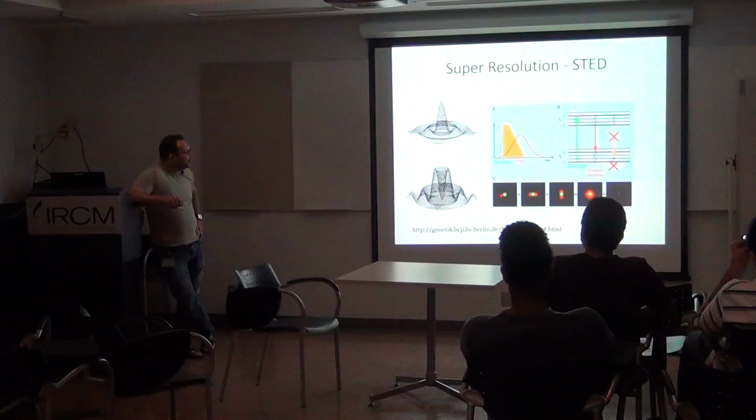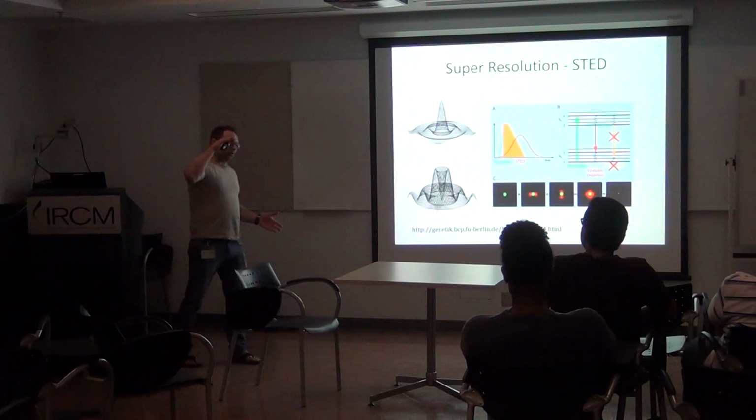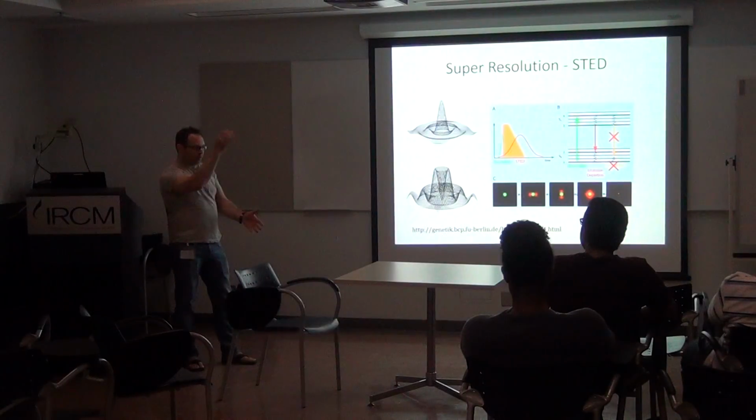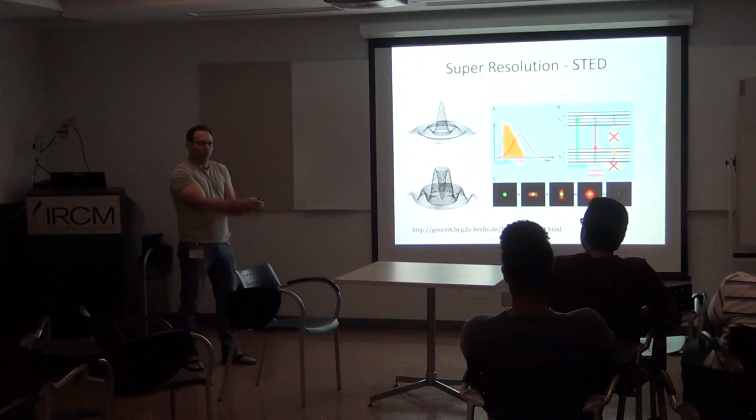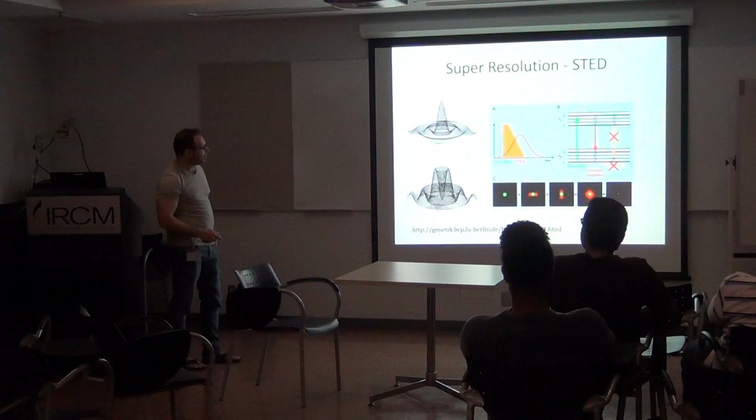STED microscopy. STED uses two lasers. One laser is used to excite the probes, and the other one is used to, what we call, deplete the probes. Once you excite, you can also shine a laser onto some probes in order to bring them back to a ground state. And this is basically the technique it uses.